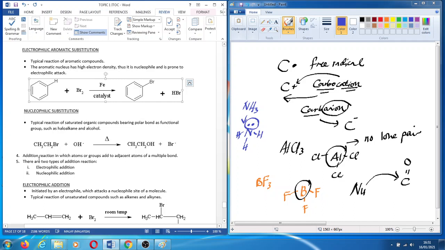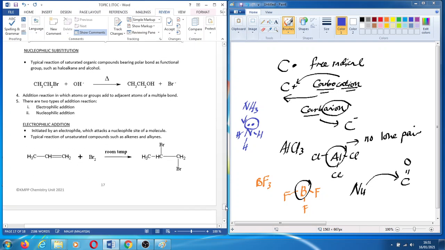And addition reaction is one in which atoms or groups add to adjacent atoms of a multiple bond. Two types of addition reaction: electrophilic addition and nucleophilic addition. That is an example of electrophilic addition. Why?